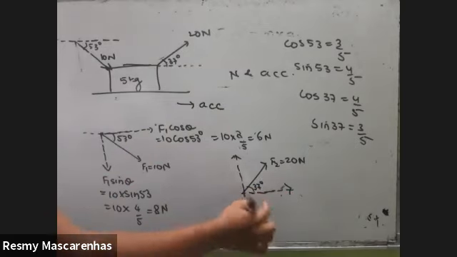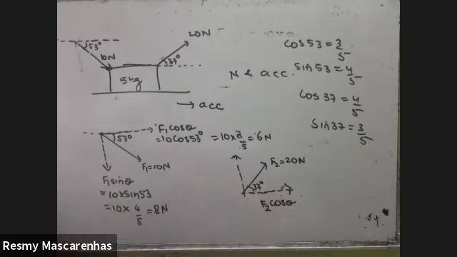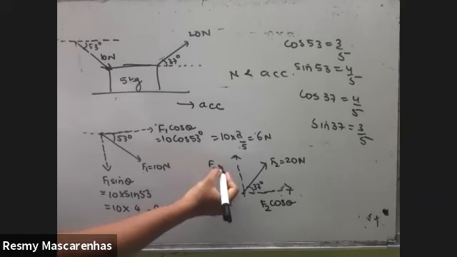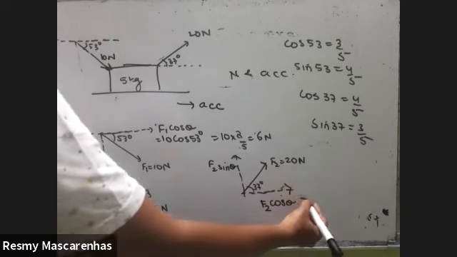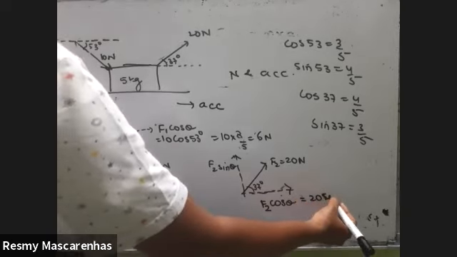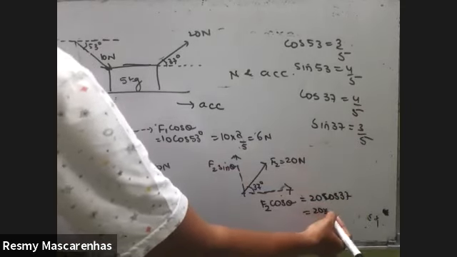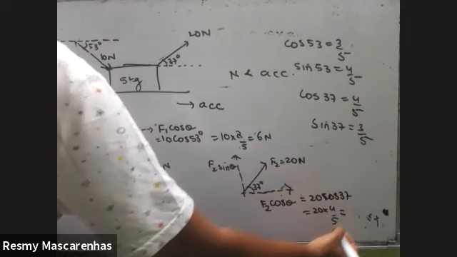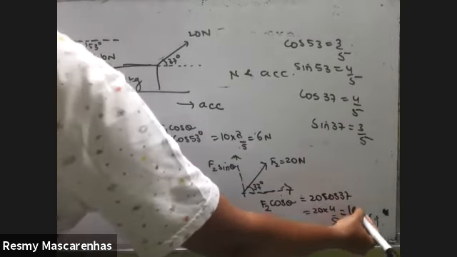This line, whoever is attached to theta is always cos. So that is nothing but 20 times cos 37. Cos 37 is 4 by 5. 5 4s are 20, 16 Newton.